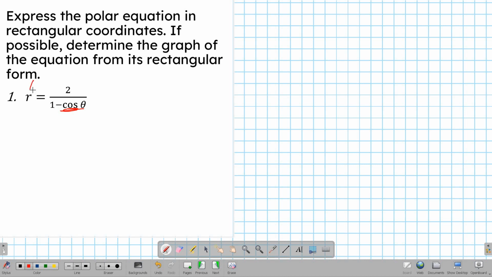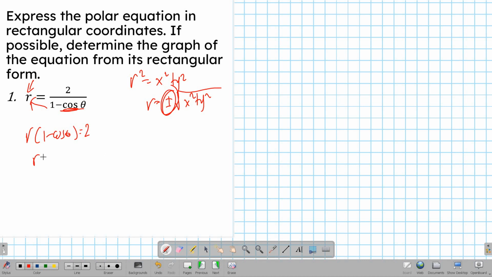If I'm going to replace this immediately, since r squared is equal to x squared plus y squared, then r would be equal to positive or negative square root of x squared plus y squared. This is a bit difficult to work with. So instead, maybe we can make it easier if we cross multiply first. In doing so, we're going to get r times 1 minus cosine theta equals 2.